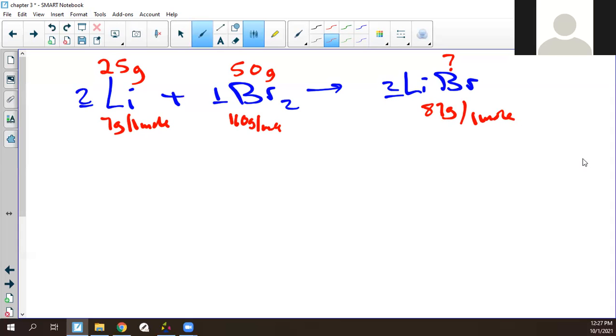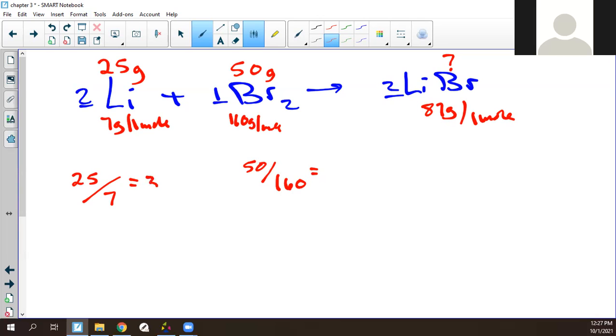Okay, now look. These are the givens. The 25 and the 50. These are the molar masses. So the faster way, I divide the given by the molar mass. All right. So 25 over 7 would be what number?